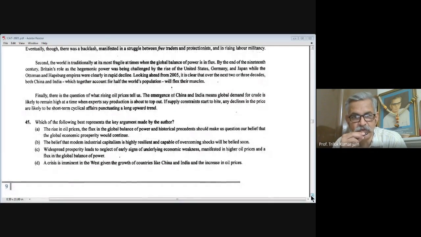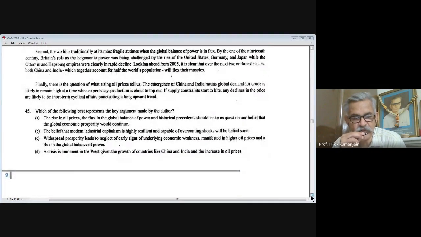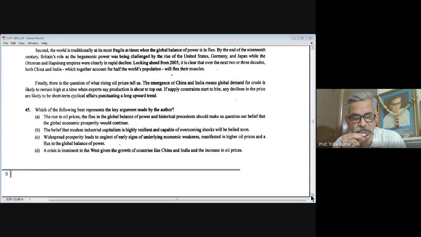Okay, now try to answer the 45th question. Which of the following best represents the key argument made by the author? The first: the rise in oil prices, the flux in the global balance of power, and historical precedent should make us question our belief that global economic prosperity would continue. Second: the belief that modern industrial capitalism is highly resilient and capable of overcoming shocks will be belied soon.